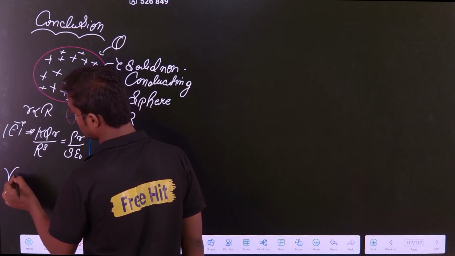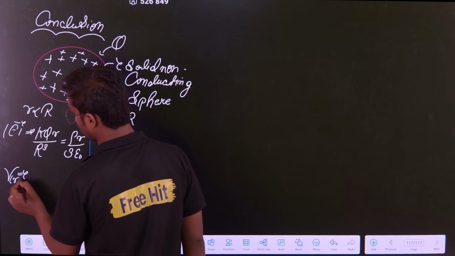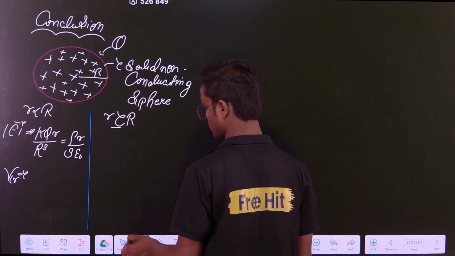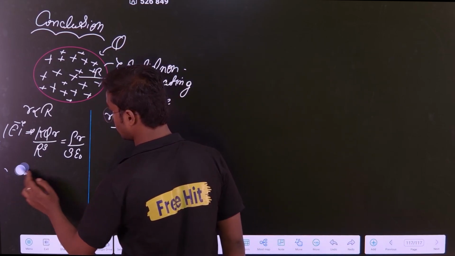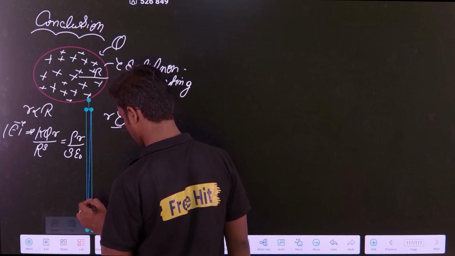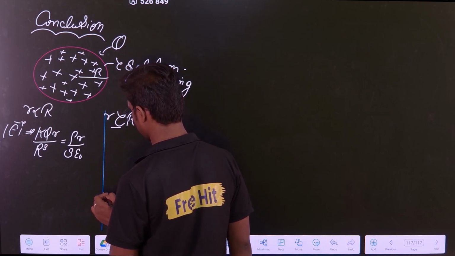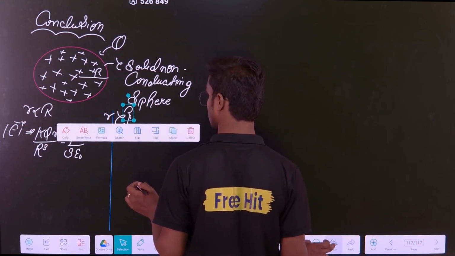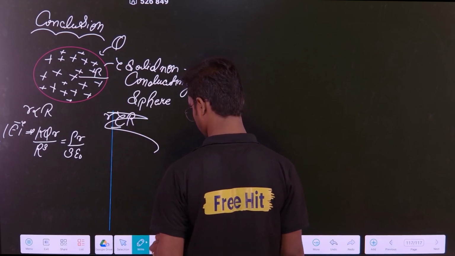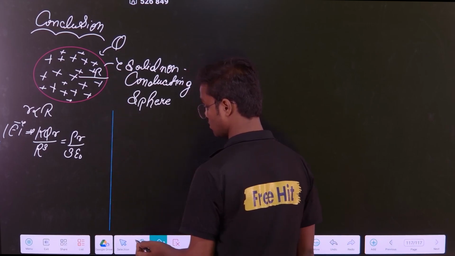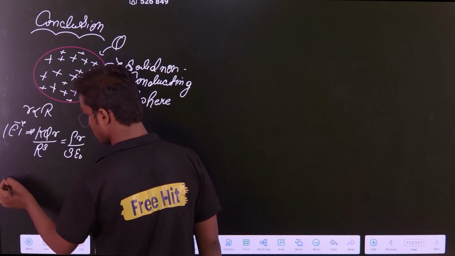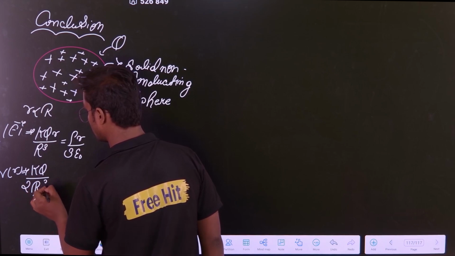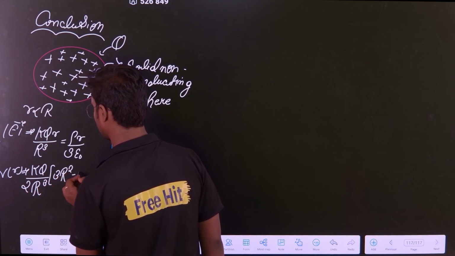The second thing is the potential. The potential at r is what we have got, if you remember: kQ by 2R cube into 3R square minus small r square.